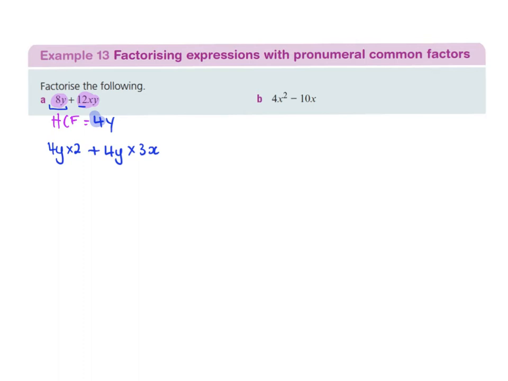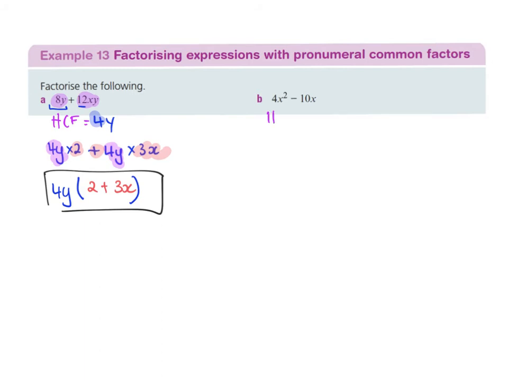All right, so the common factor is the 4y. So I take that outside the bracket. And then inside the bracket, I put whatever's left, which is 2 plus 3x. And there we go. And we have our factorized expression.